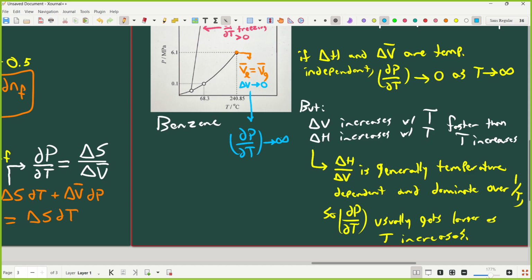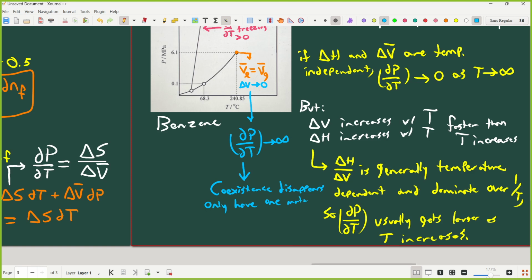So at the critical point, what this means is that coexistence disappears, and you only have one material. Because delta G is equal to 0, they have the same energy, and delta V is equal to 0.